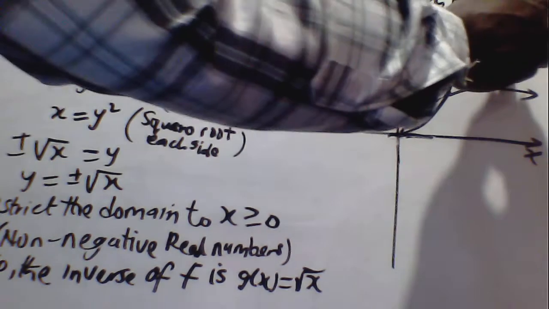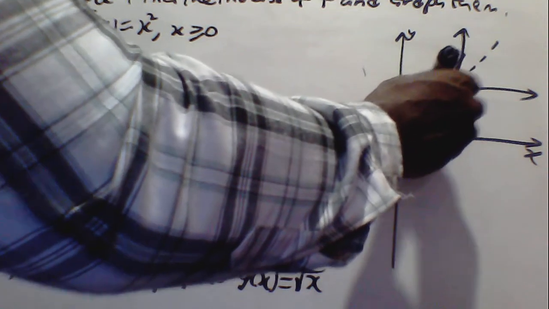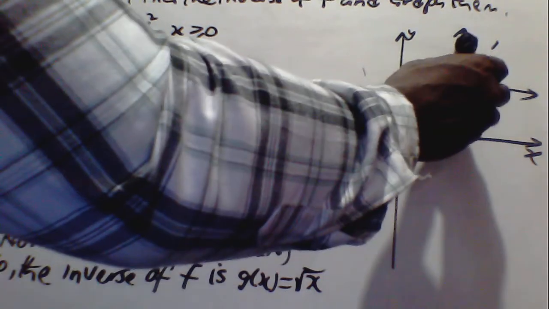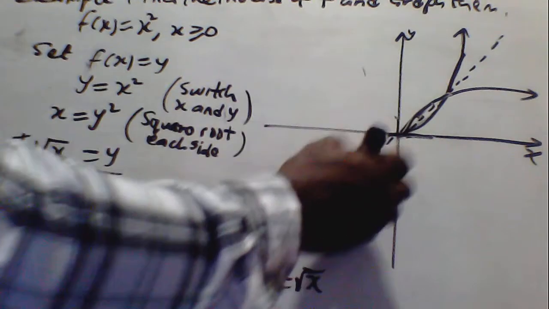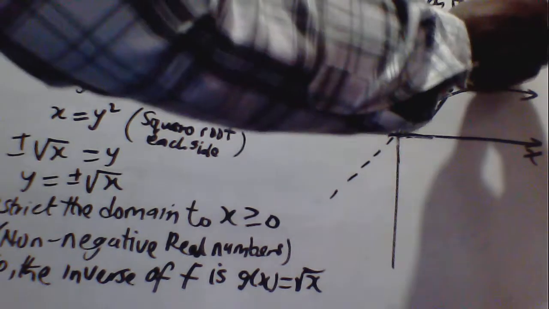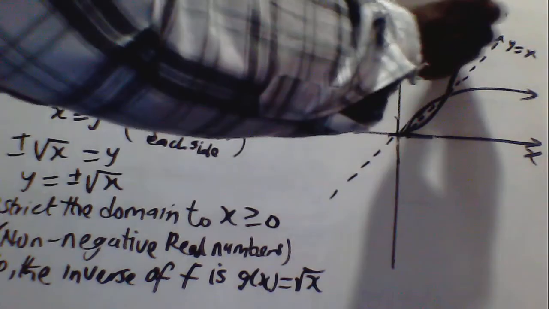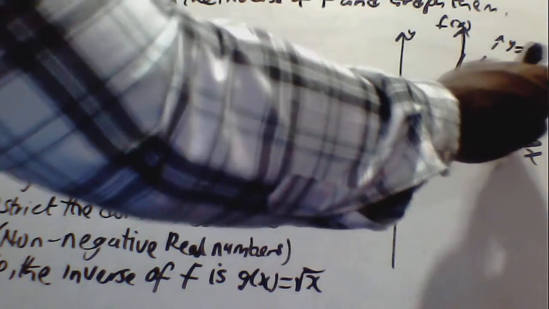If you draw this line, this is a line of reflection, not horizontal. This is a line of reflection. So in this case, with y equals x, this is the function, and this is what? The inverse.